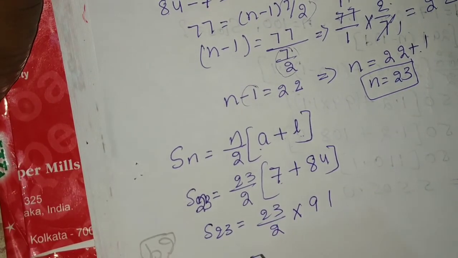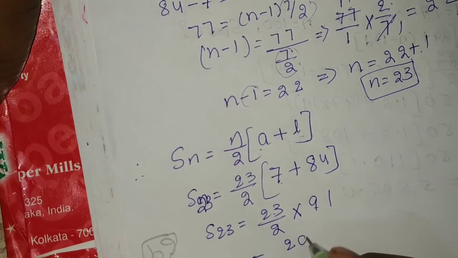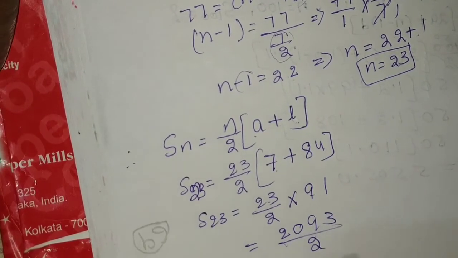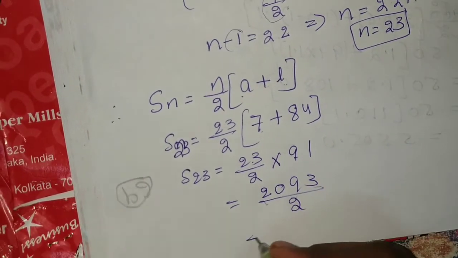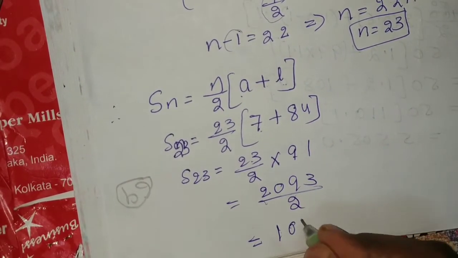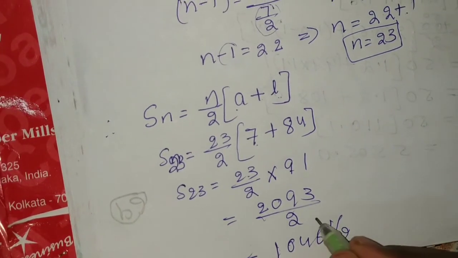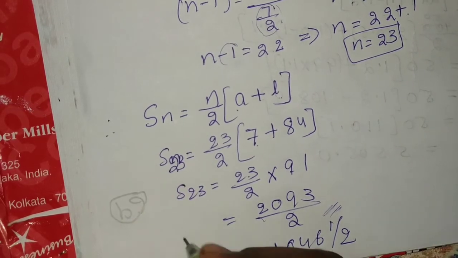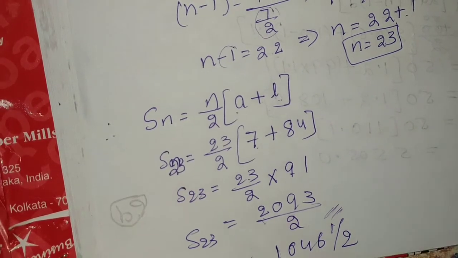So you can write 23 into 91. If you multiply this, we get 2093, divided by 2. If you do the division, we get the mixed fraction, that is 1046 and 1 by 2. If you don't know how to do this, you can write up to here, no problem. So what is our result? S23 is equal to 2093 divided by 2.